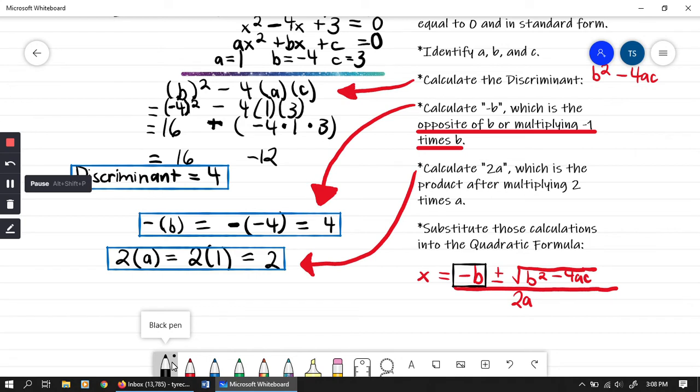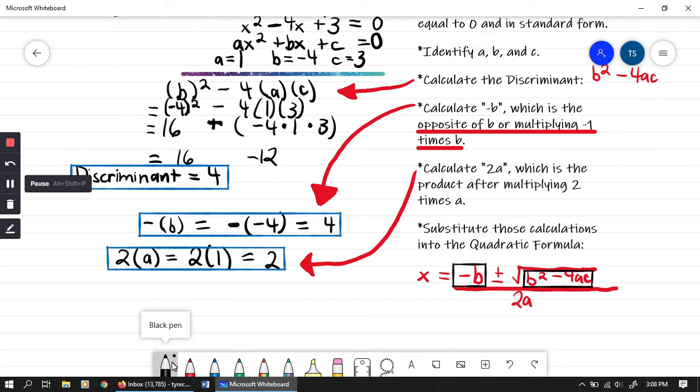Where you see the b squared minus 4ac in the formula, that is the discriminant. You're going to replace that part with the discriminant 4.